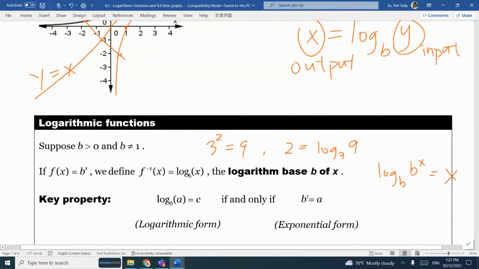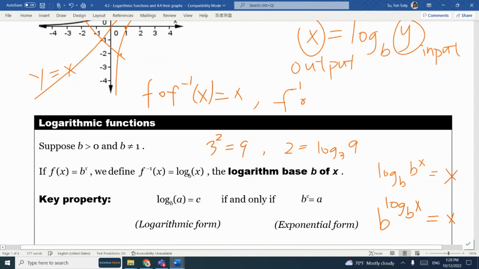And also b to the log b of x is also x. Remember the property of the inverse function? f composite f inverse, you get the x back. And f inverse composite with f, you also get the x back.